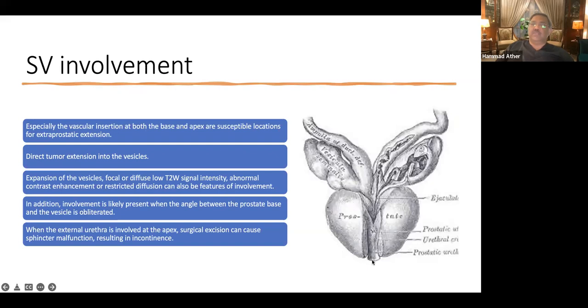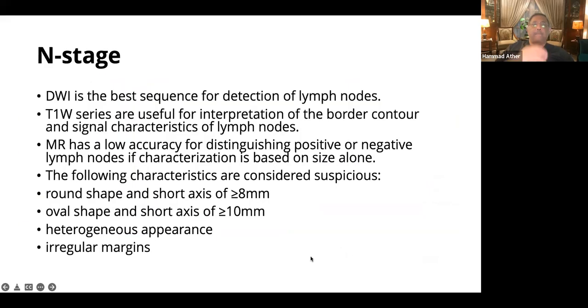And once you have dissected this off and you are going behind the prostate to release it posteriorly from the recto-urethralis fascia, it's only then that you realize the seminal vesicles show local involvement and make lives very difficult for you. So the end staging is the next stop and the next point that we are going to discuss.